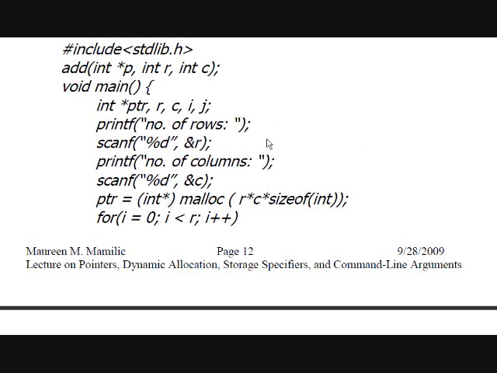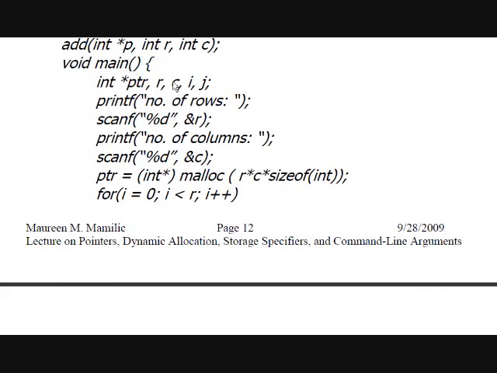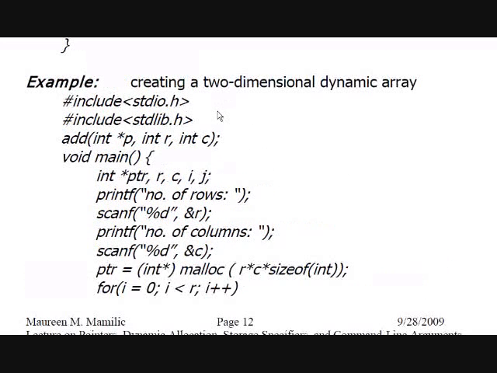Okay, and you have to indicate there in your parameter the size, or I mean the dimension of your array. If it's 2 by 3, then you have to put there 2 for the first dimension, but it's actually optional, and 3 for the second dimension in your parameter. Okay, but in dynamic arrays, this is how we do it.